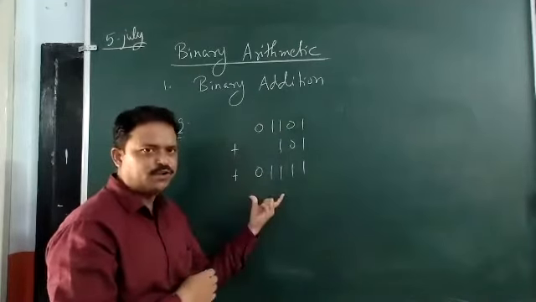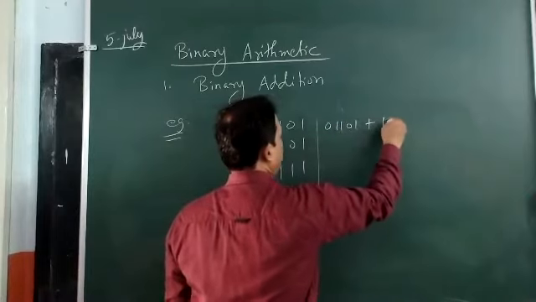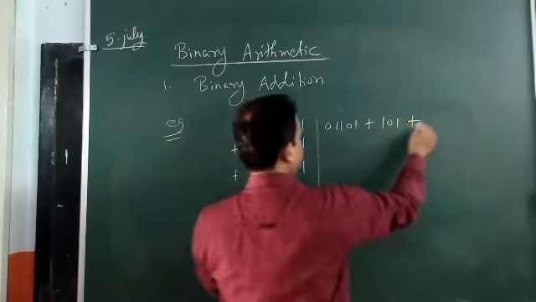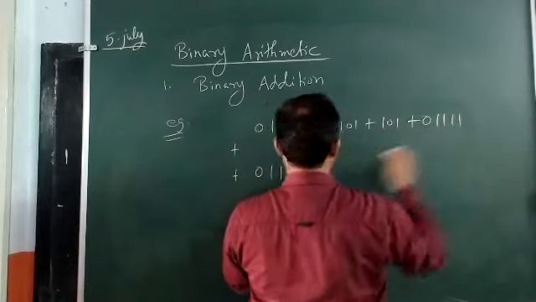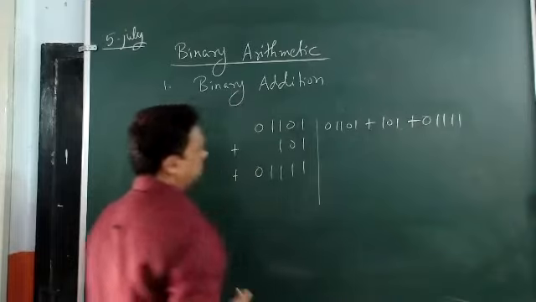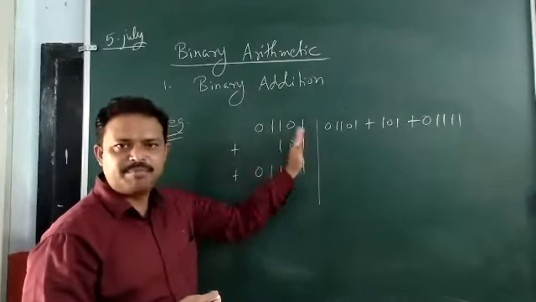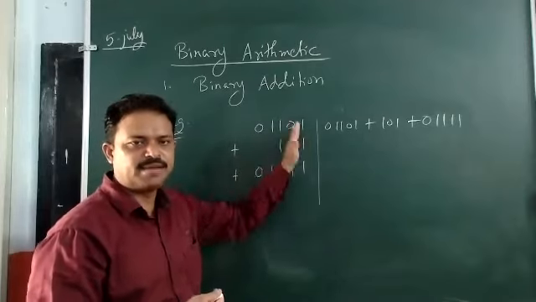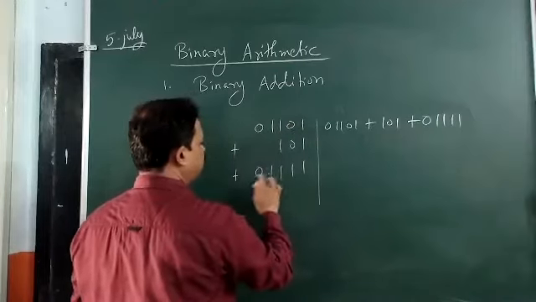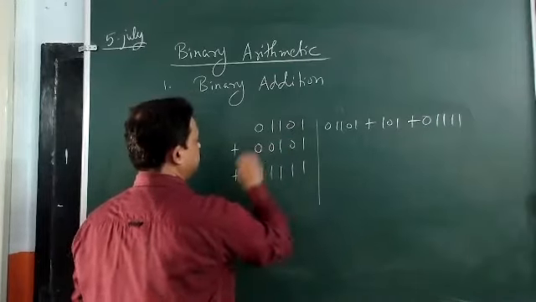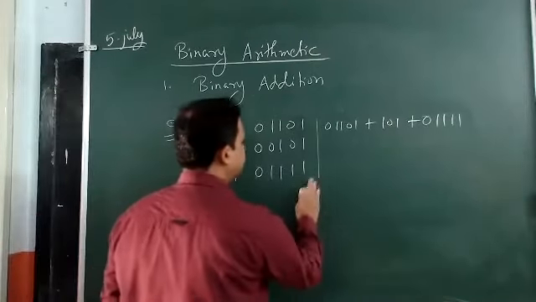In this way I have given you; maybe in the paper you will get it this way: 0, 1, 1, 0, 1 plus 1, 0, 1, 0, 1, 1, 1, 1. Our first step is to make the bits equal in number. Here we have 1, 2, 3, 4, 5 bits, 1, 2, 3, 4, 5 bits, and for this you write 0, 0. Now perform the addition.